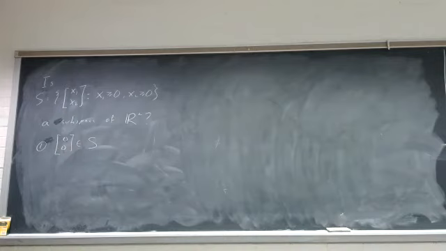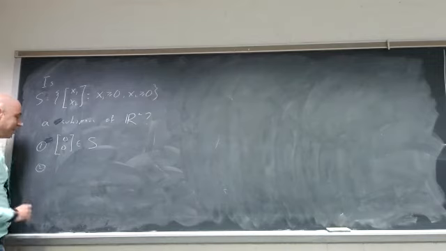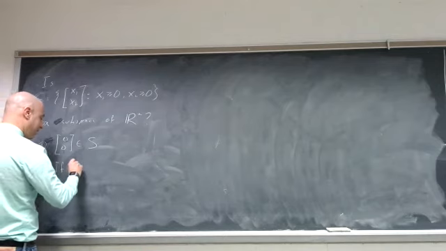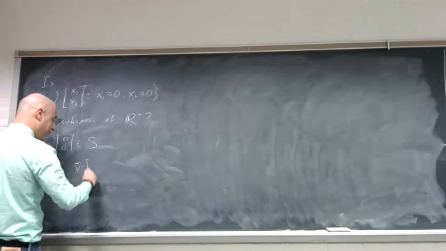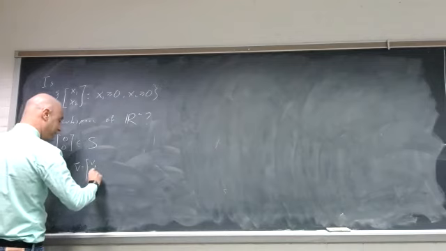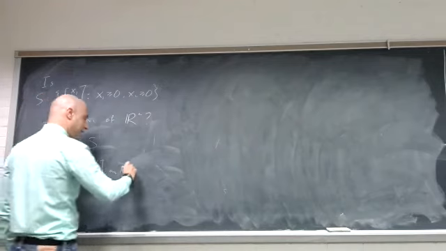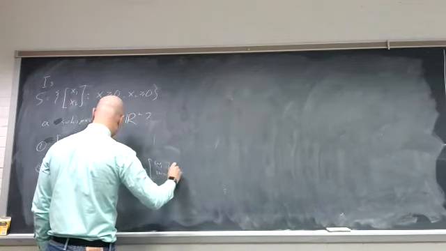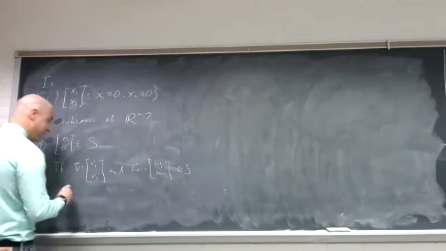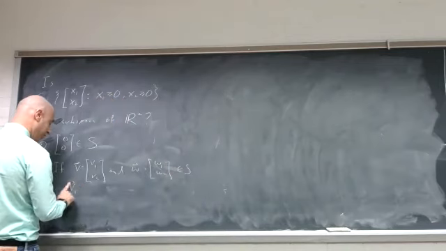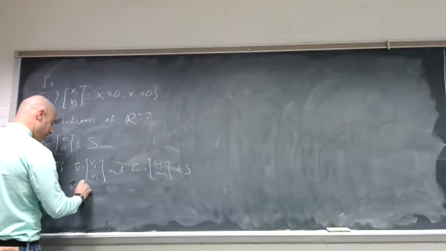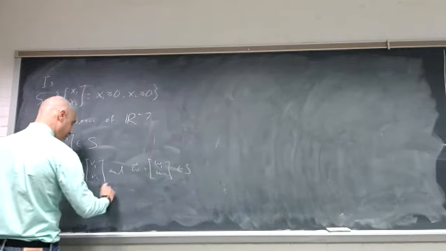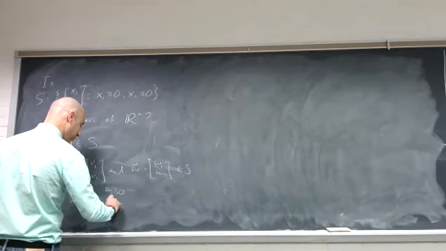We have to show that it's closed under addition. So let's say V equals V1, V2, and W equals W1, W2 are in S. That tells me that V1 is greater than or equal to 0, V2 is greater than or equal to 0, W1 is greater than or equal to 0, and W2 is greater than or equal to 0.